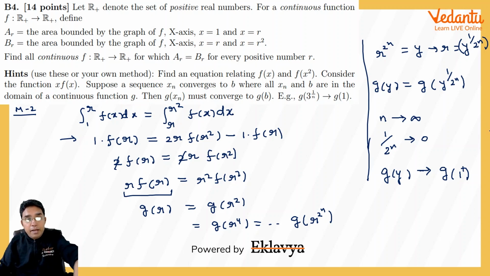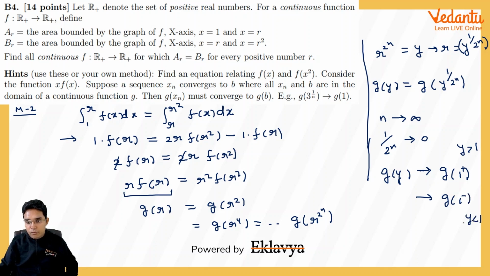It will depend on whether y is greater than 1 or y is less than 1. If y is greater than 1, then y raised to the power 0 plus will be 1 positive, and it will be 1 negative if y is between 1 and 0.